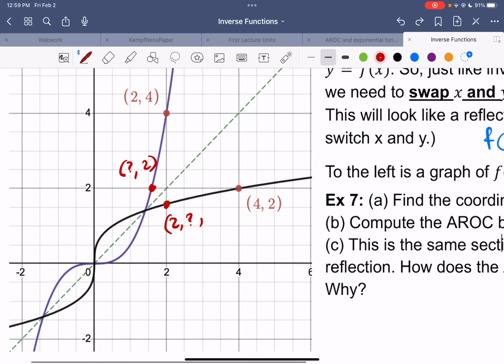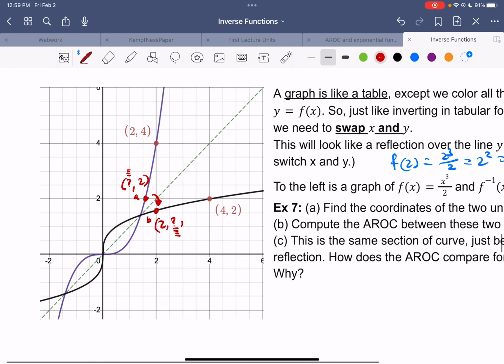So if I first swap x and y, that takes this point here to this point here. I'll call this one A and this one B. So it sends A to B. Now, if I solve for y, that's the same as if I had solved for x before swapping.